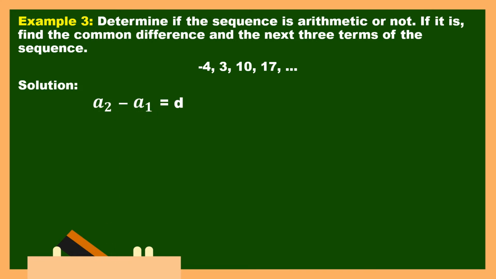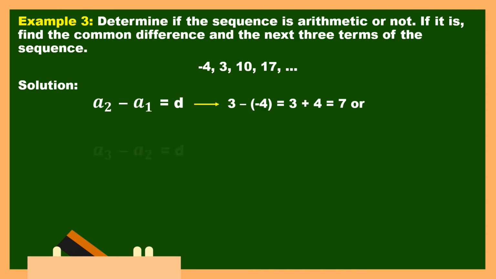So, 3 minus the quantity of negative 4 is equal to 3 plus 4. Bakit naging 3 plus 4? Kasi nga, negative times negative magiging positive. Kaya nag-add. So, 3 plus 4 equals 7.